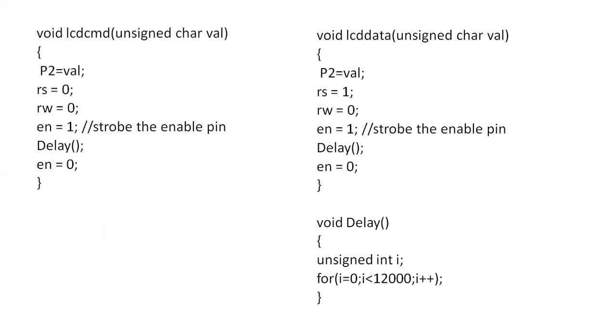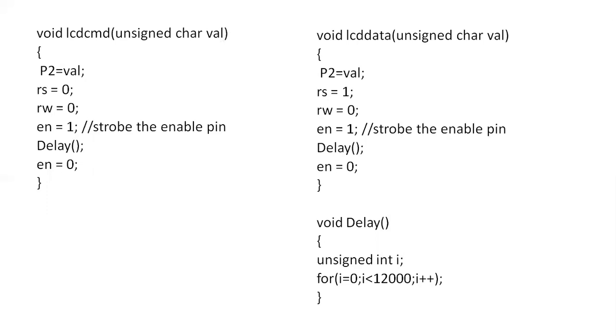The next one is void LCD command. This is another function, the command function, which we already discussed. Here, whatever value I'm going to write into the LCD will be put into port P2, because we already know that port P2 is connected to the 8 data lines D0 to D7 of the LCD.